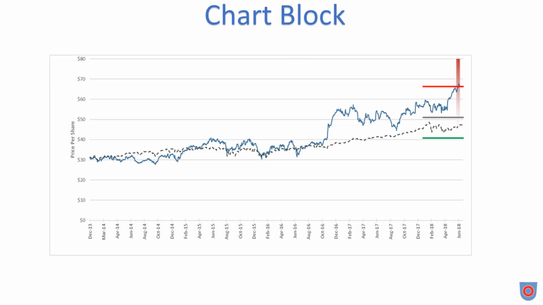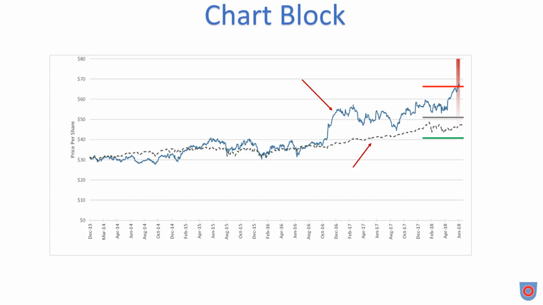The chart block graphically displays the historical stock price since December 2013 and the respective overall market index over the same time period, indexed to the stock price so that a visual comparison can be made between the individual stock and the market overall.